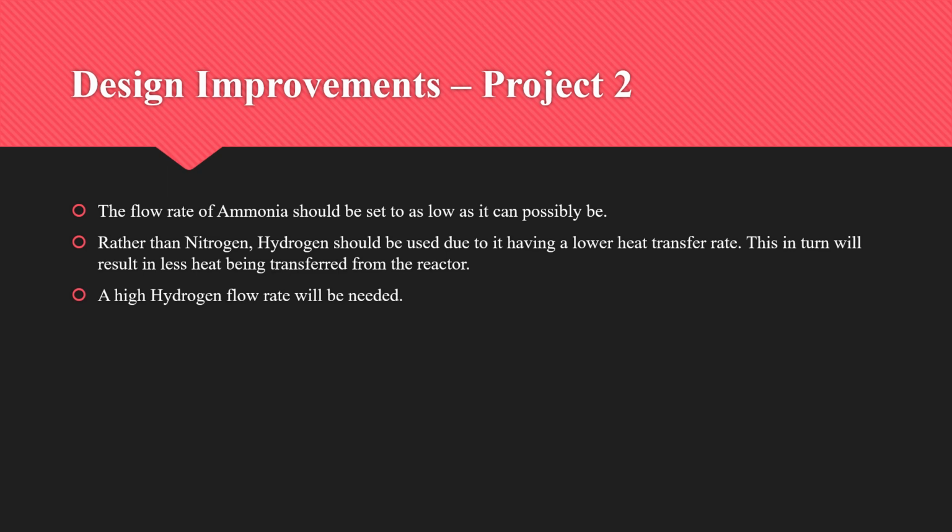Rather than nitrogen, hydrogen should be used due to its having a low heat transfer rate. This in turn would result in less heat being transferred from the reactor. Finally, a high hydrogen flow rate would be needed.